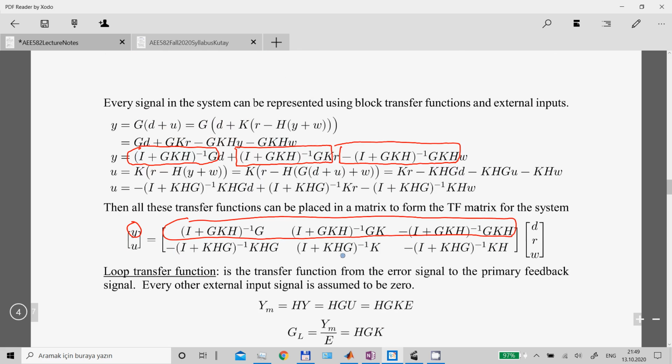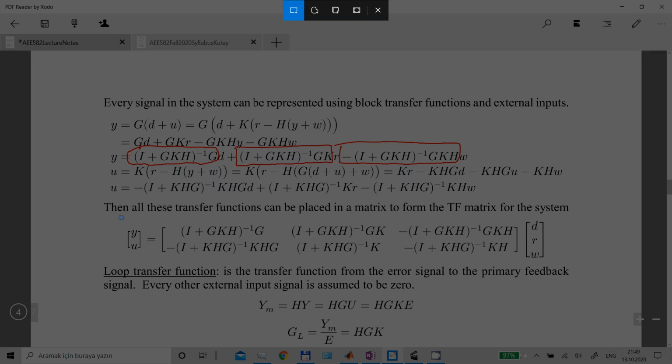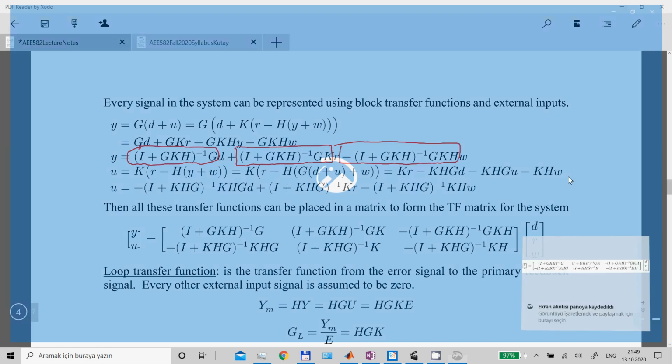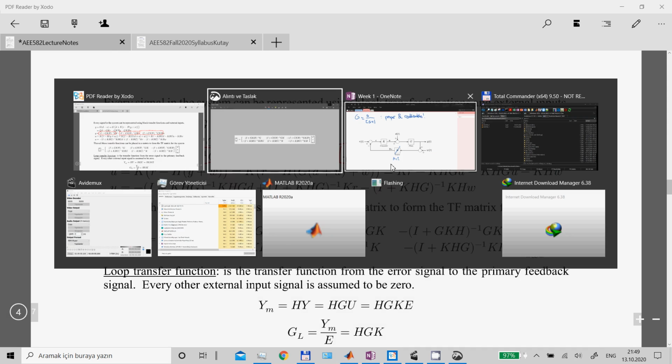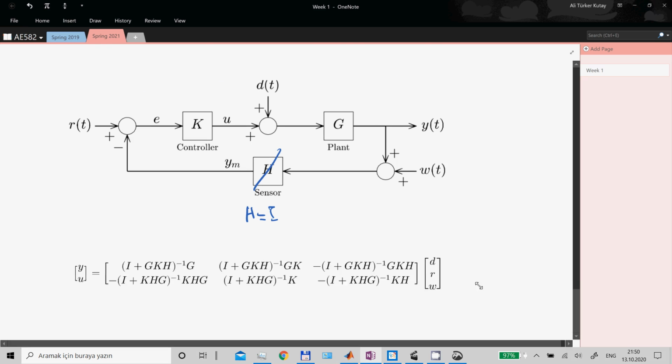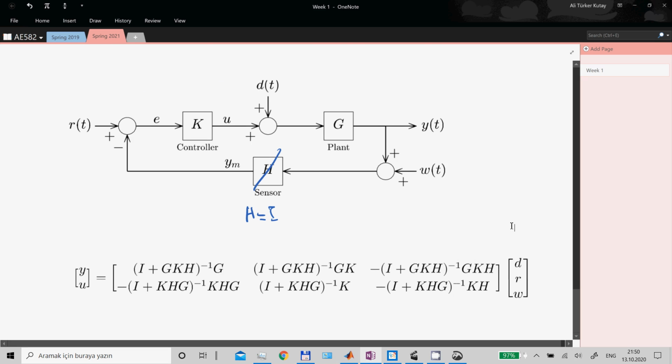So let me just bring up the transfer function matrix for that system. Since we assumed H to be identity for this block diagram, you should not see these H matrices here. They are all identity.